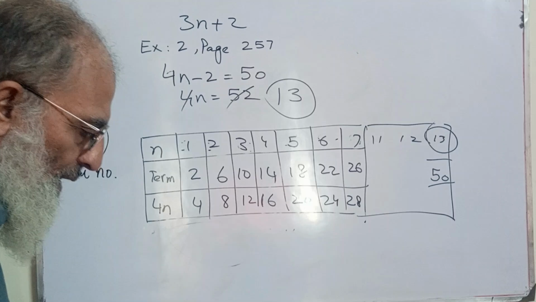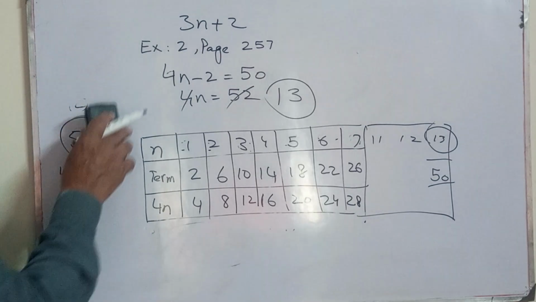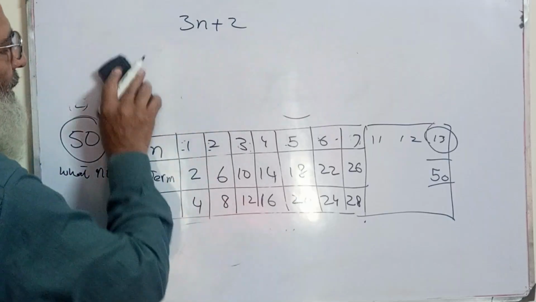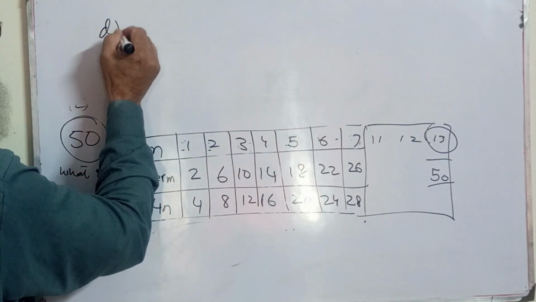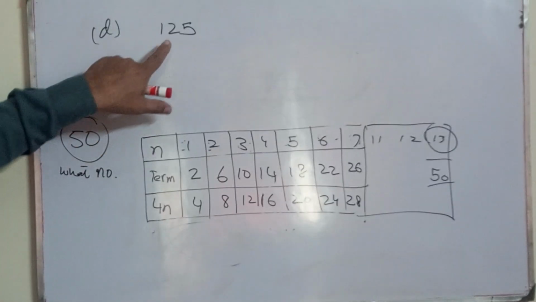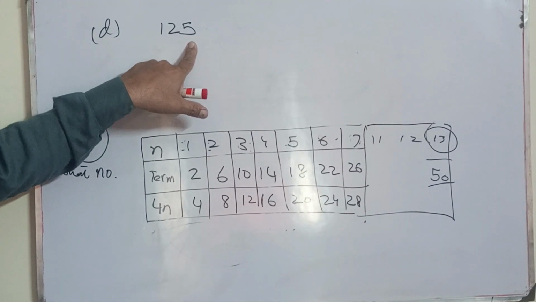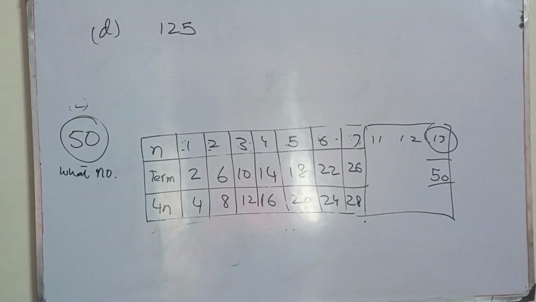Explain how you know that a number is not in the sequence. Now there is a number given to you, which is part D. The number is 125. It is asked how you will know that this is not in the sequence.